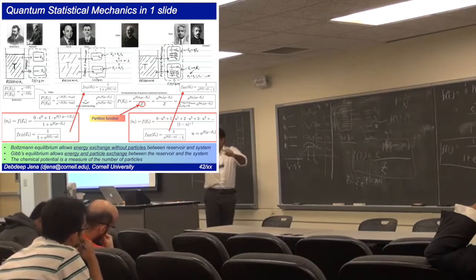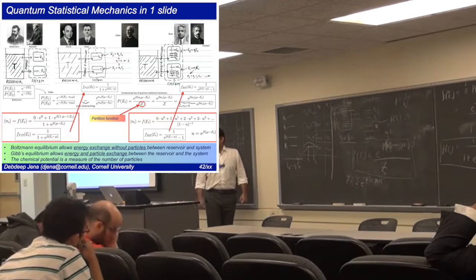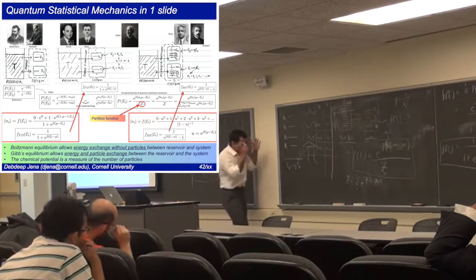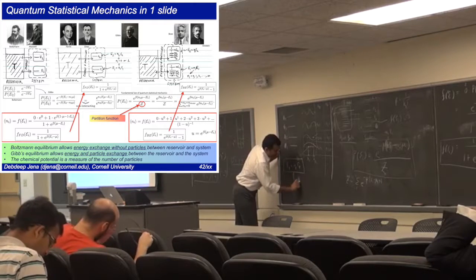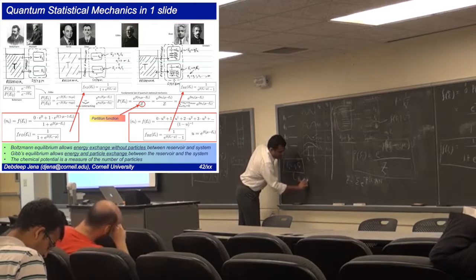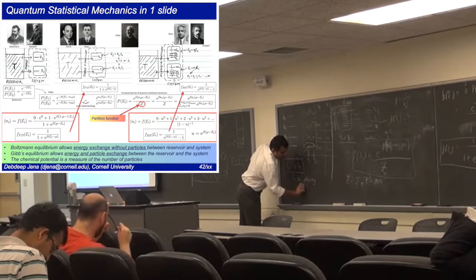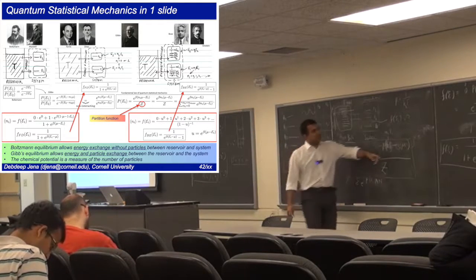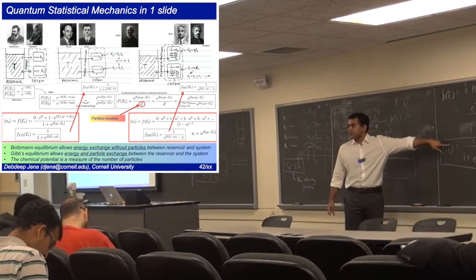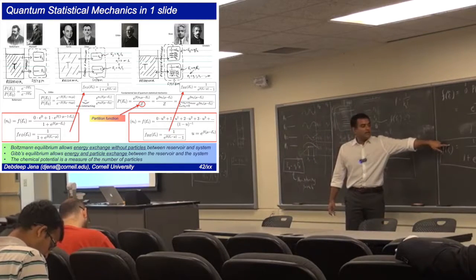That's right, when the particles are not interacting with each other. It's very important to keep in mind that these are non-interacting particles, and the result that we derive here is a non-interacting particle result.